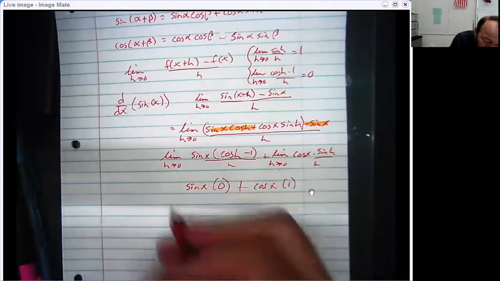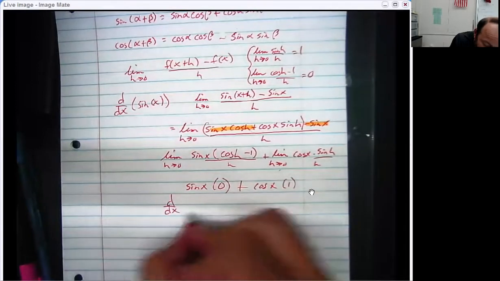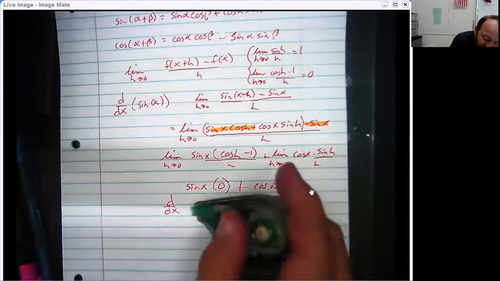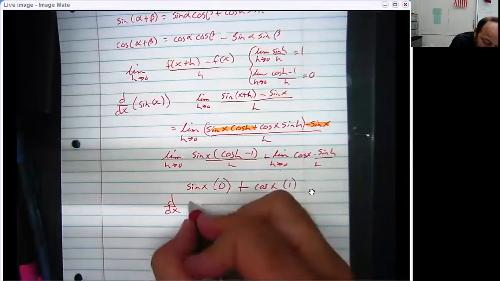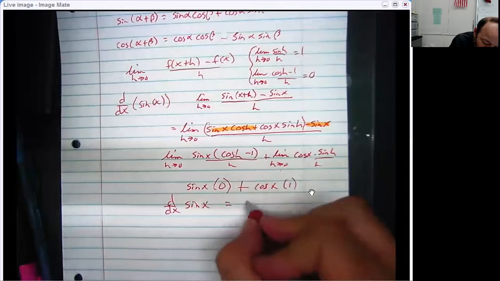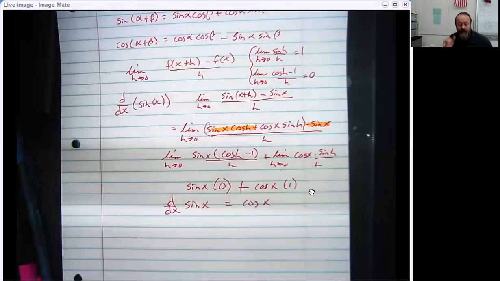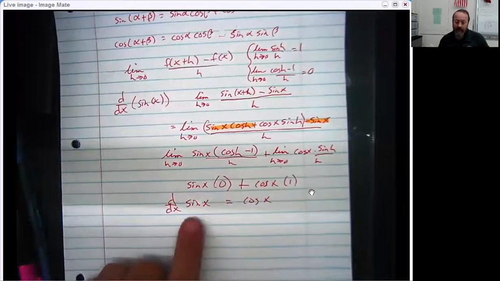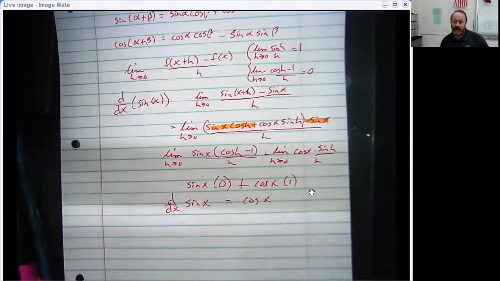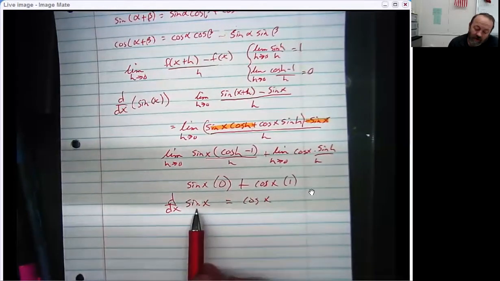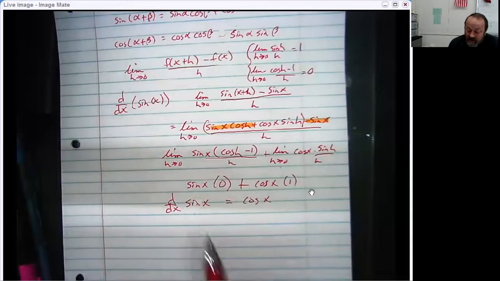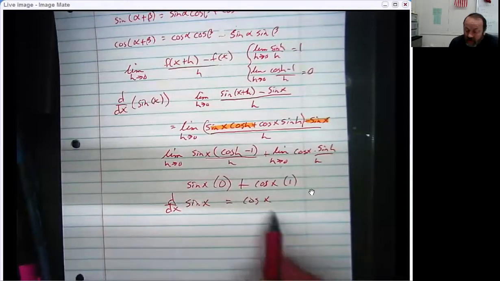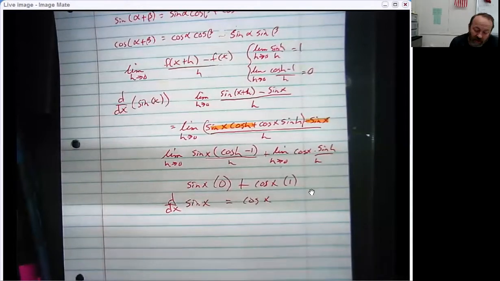So according to all this information, it's an amazingly simple result that if you take the derivative of the sine of x, you just get the cosine of x. That's kind of strange, but literally the rate of change of the sine is identically the cosine. So everywhere where the sine is increasing, the cosine is going to be a positive function. There's just a lot of interesting little connections there.